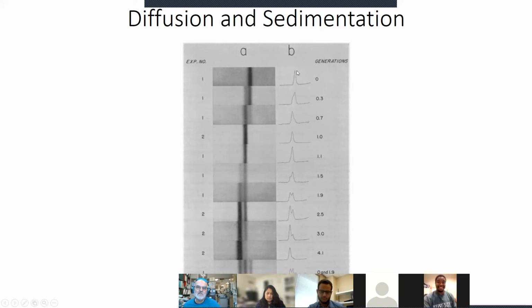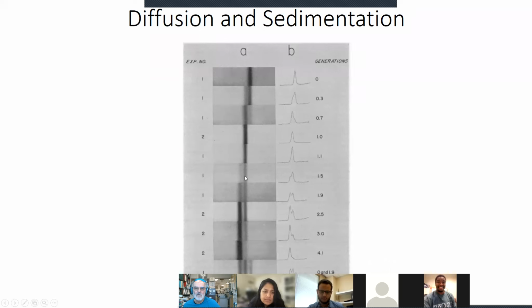What you can see is a gradual shift from a single band to a doublet that then becomes a single band. At the end of the first cycle, everything converted from one density to another density. You can see the transition from the initial, to something being made, and eventually something else. Then you do a second generation, and suddenly what you see is a doublet.